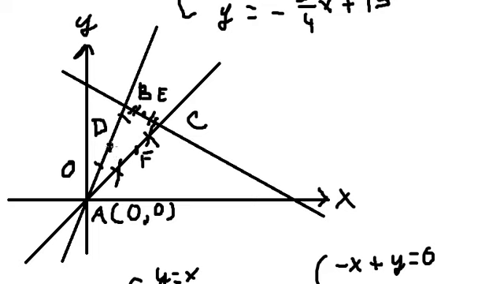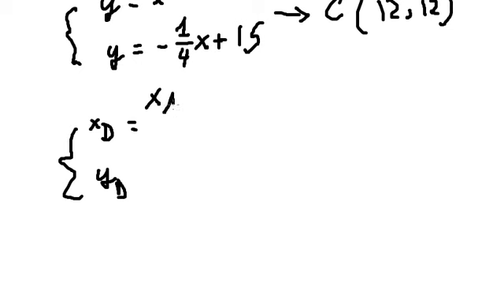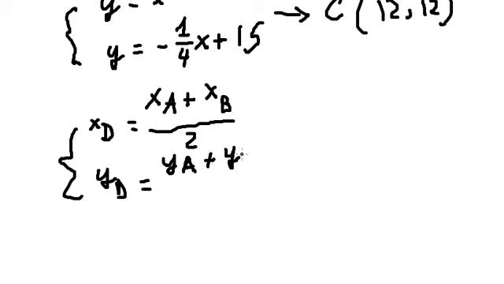If we want to find the midpoint between A and B, we can use this formula in here: x_A plus x_B, we divide by 2, and now y_A plus y_B, we divide by 2.